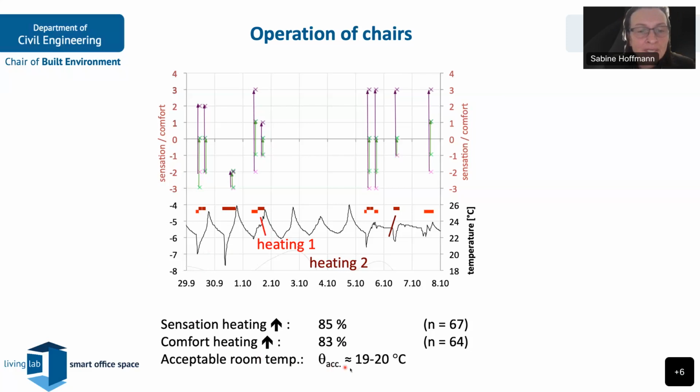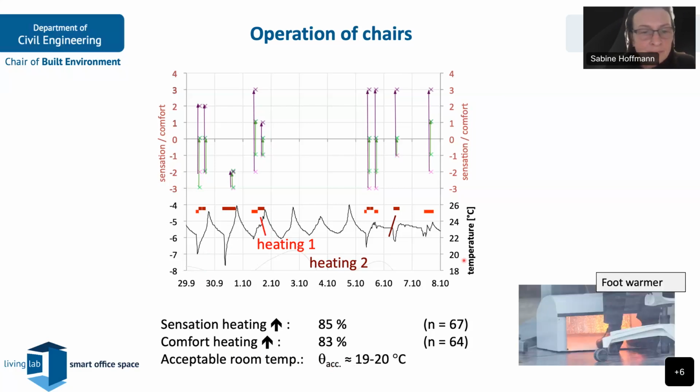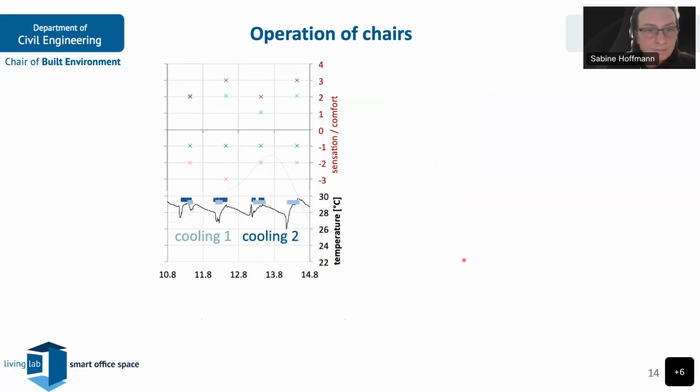So below 19 degrees C, people would complain about cold extremities. And I think Hui's presentation before clearly explained this fact. For temperatures below 19 degrees, we definitely recommend foot warmers, as you could see in the presentation before.